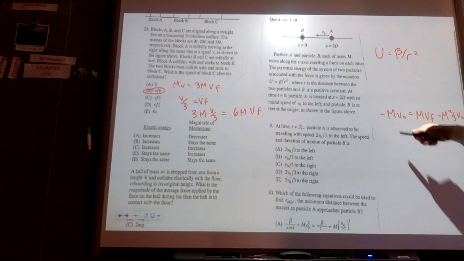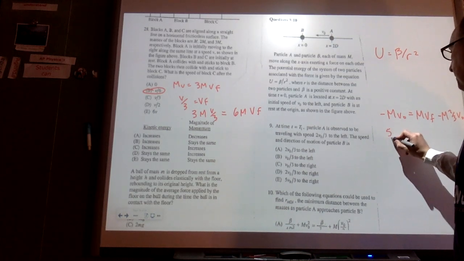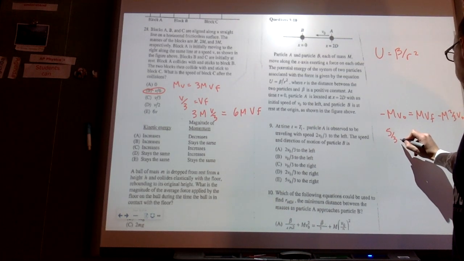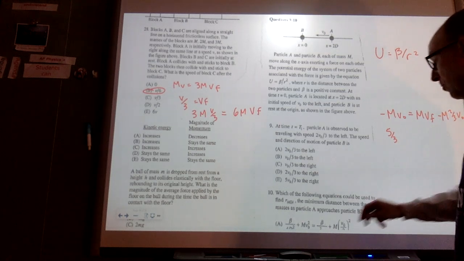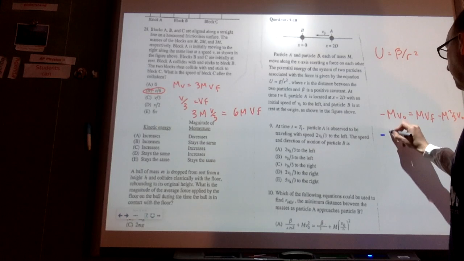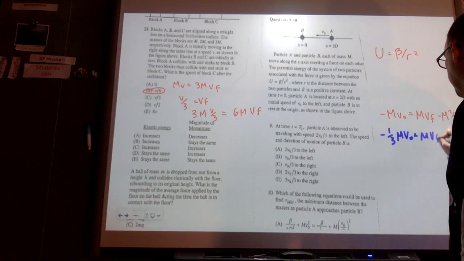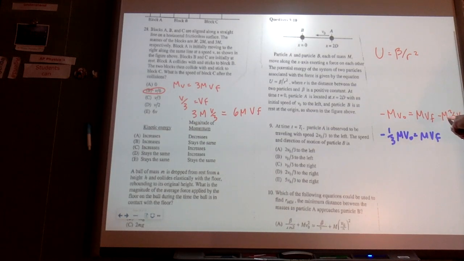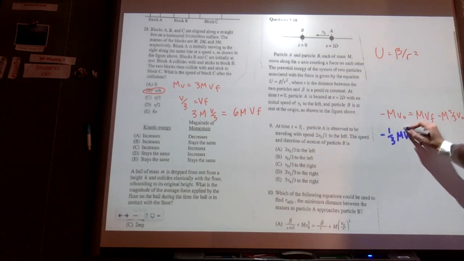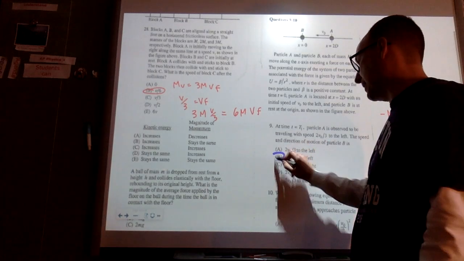So I'm going to add that to the other side, which is going to give me 5/3. No, it's going to give me 1/3, right? Negative 1/3 m v naught equals m v final, right? Adding positive 2/3 to negative 3/3. The m's would go away, and so it's going to be v over 3 to the left, because that's going to be negative.